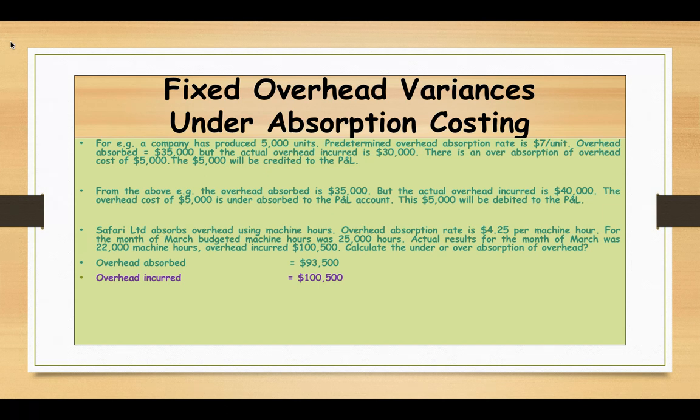So basically, the actual overhead incurred is more than what we have absorbed. So this is called under absorption of overhead, which is $7,000. So this under absorbed overhead will be debited to the profit and loss account.